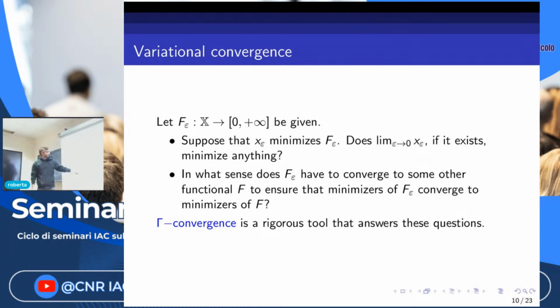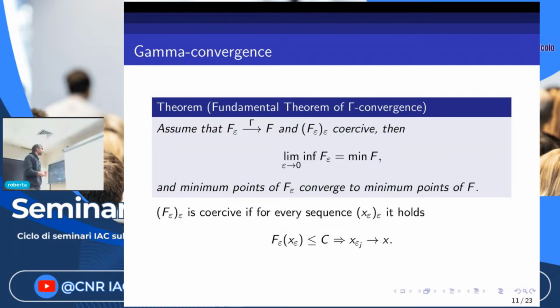To answer these questions, there is gamma convergence. I'm not going to give the precise definition, but basically what gamma convergence does is the following. If you assume some sort of compactness, coercivity, of the functionals, so that your sequence of minimizers doesn't escape, so if you take a bounded sequence of points x epsilon, then you can actually give sense to a limit.